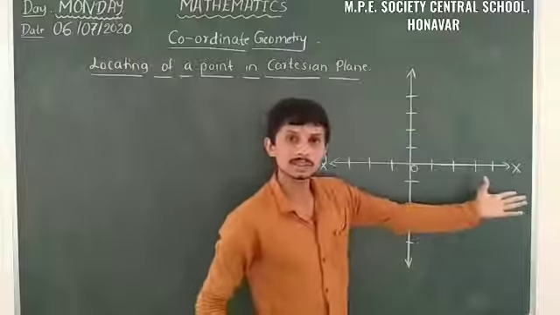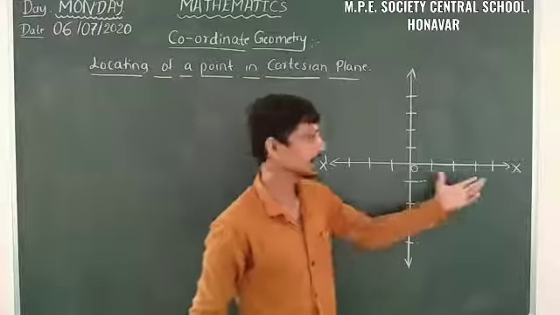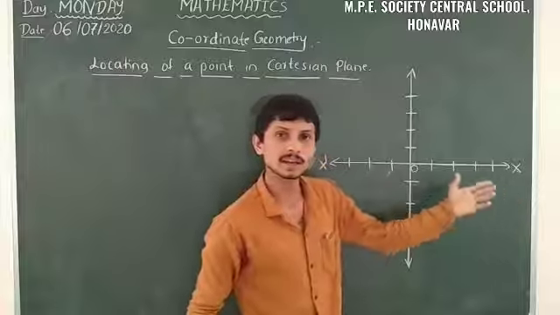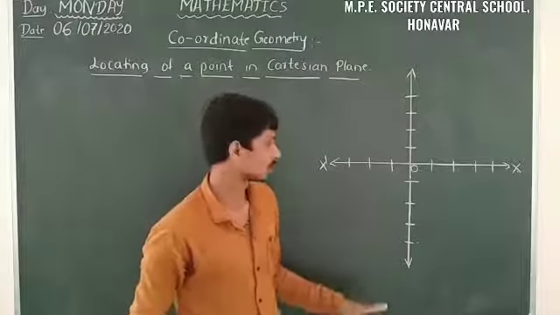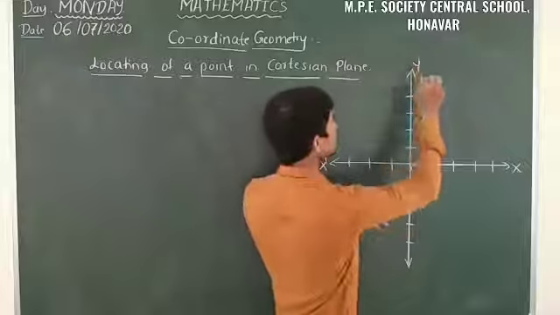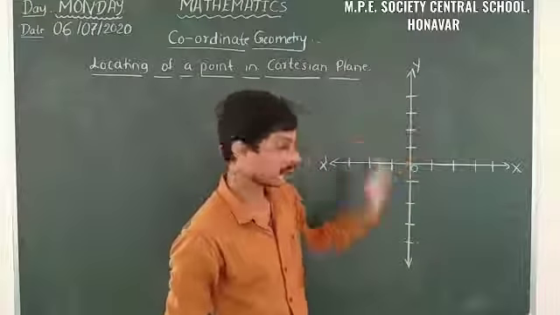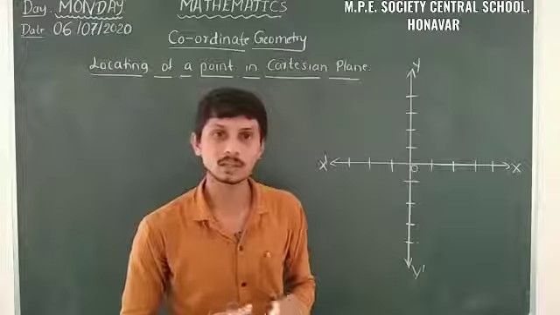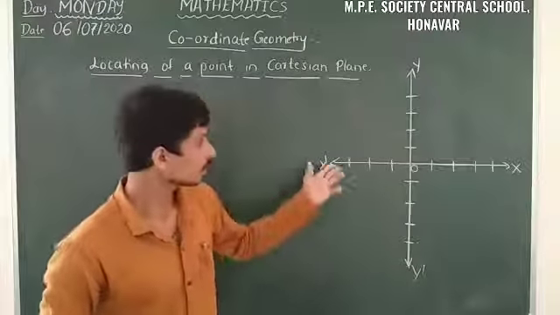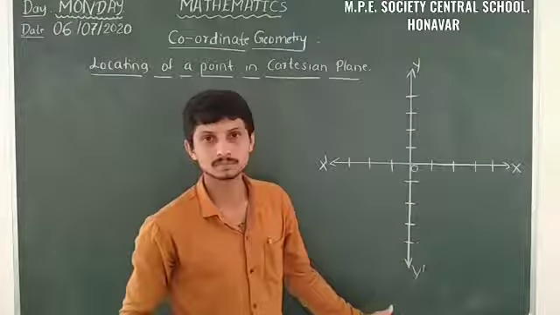It's the positive x axis and this is the negative x axis. Here we are dealing with positive x coordinates and here with negative x coordinates. The positive y axis is OY, and OY dash is the negative y axis. So that is the Cartesian plane.